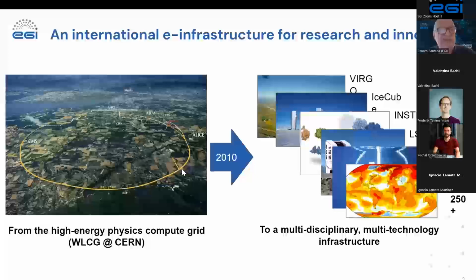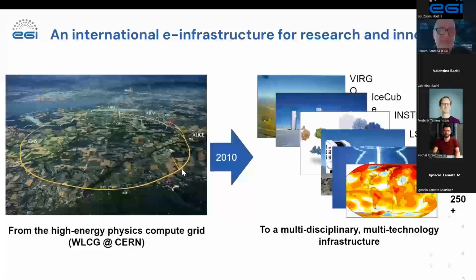It's a 27 kilometer tunnel, where protons, from the helium, are accelerated to nearly the speed of light, and then they collide in 4 huge caves. It's everything underground. And from these collisions, they get subparticles.